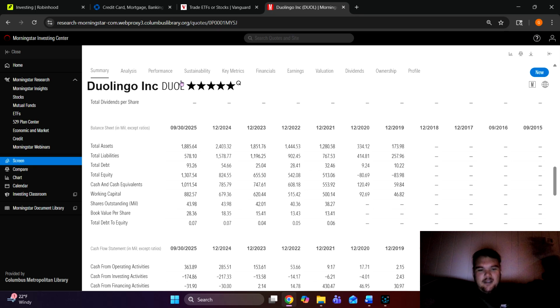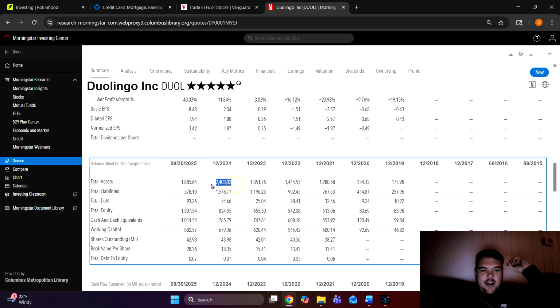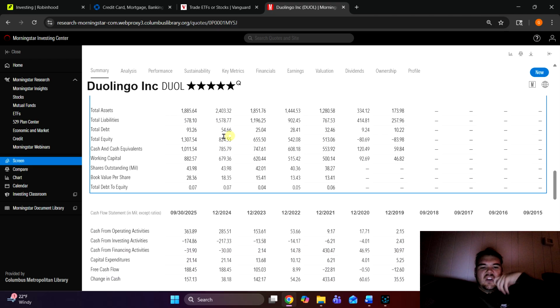10Q and 10K, I didn't see anything that was setting off an alarm. I mean, assets decreased a lot, but so did liabilities. They did take on a little more debt, but equity increased.